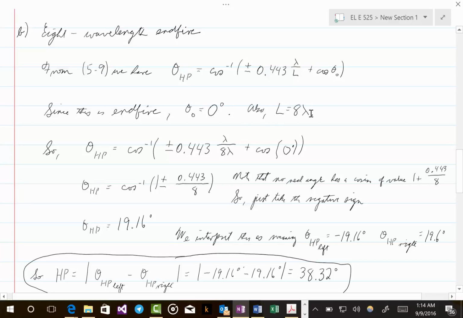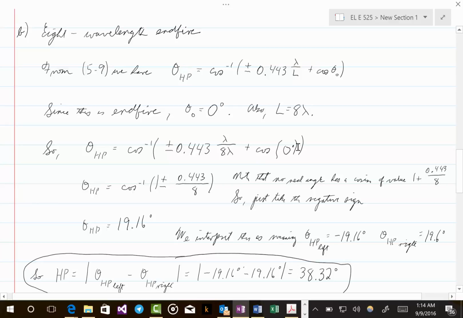Now still L is equal to 8 lambda. So when we plug in these values for theta naught and L into this formula, we get theta HP equals inverse cosine of plus or minus 0.443 times lambda over 8 lambda plus the cosine of 0 degrees.